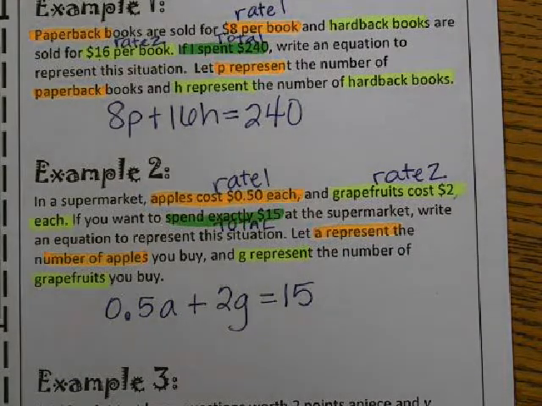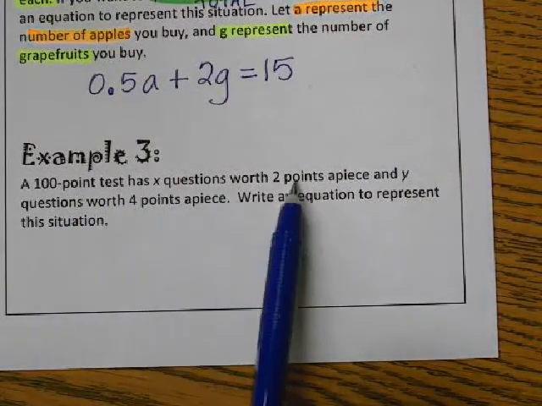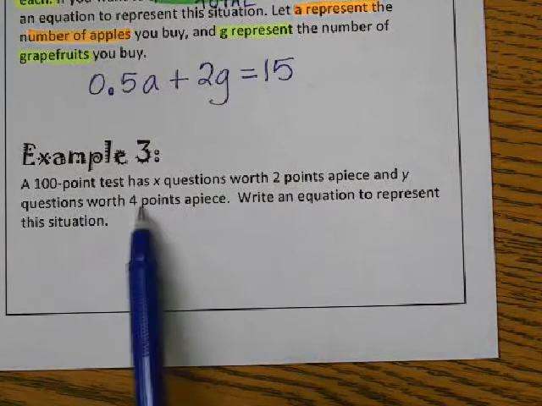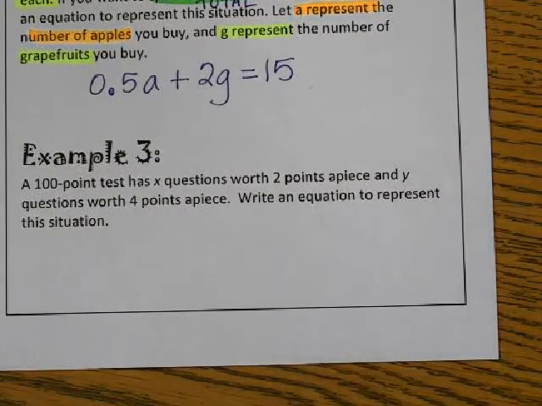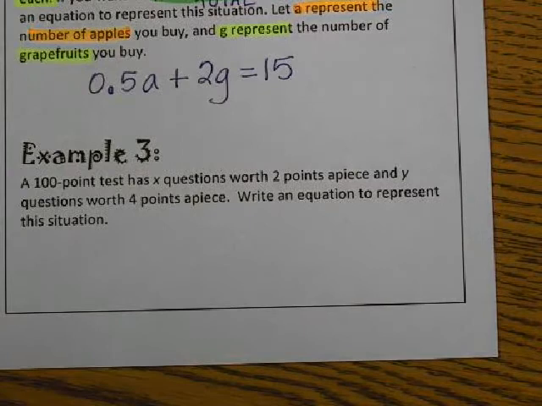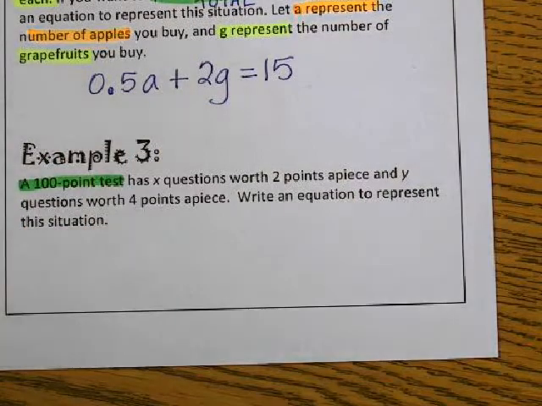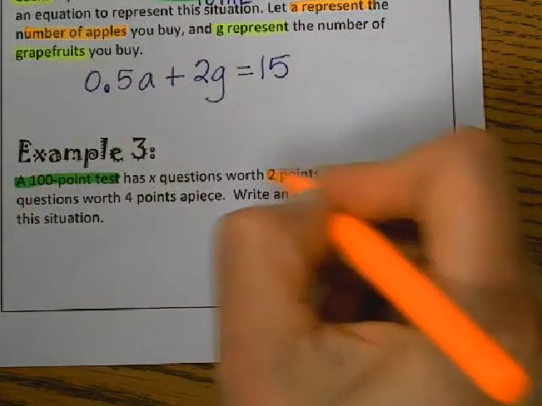Okay? Alright, look at example 3. A 100-point test has X questions worth 2 points apiece and Y questions worth 4 points apiece. Write an equation to represent this situation. So we're looking at our numbers, and what do we notice? Well, the total this time is how much? 100 points. Then it says X questions worth 2 points apiece.